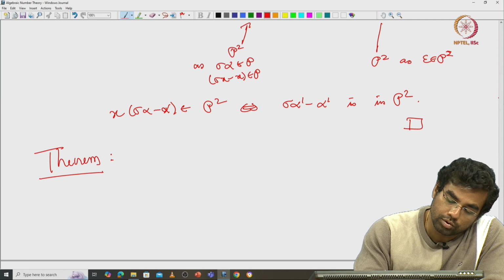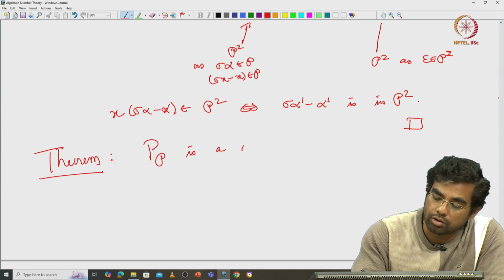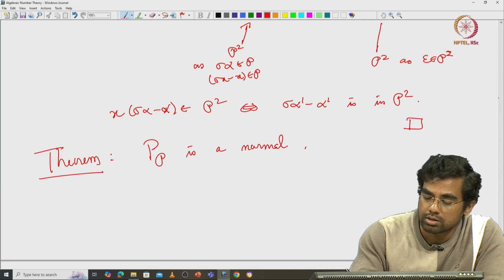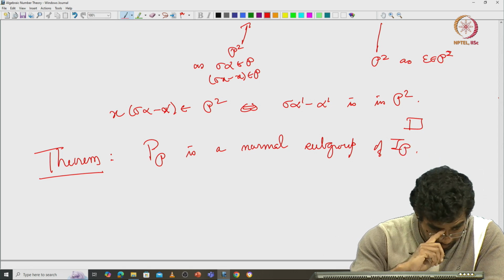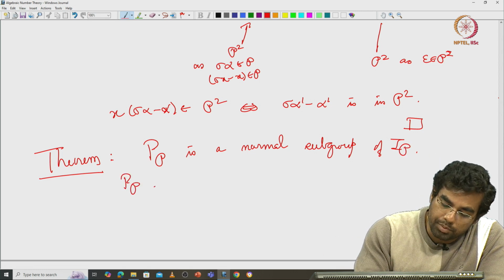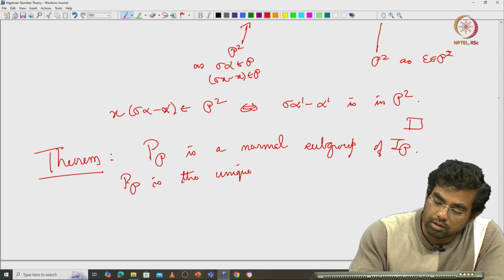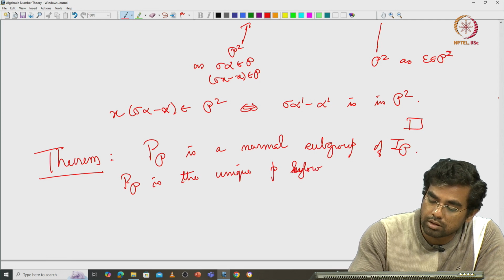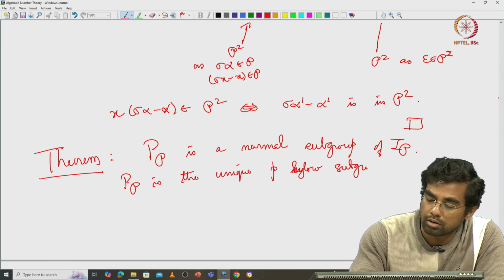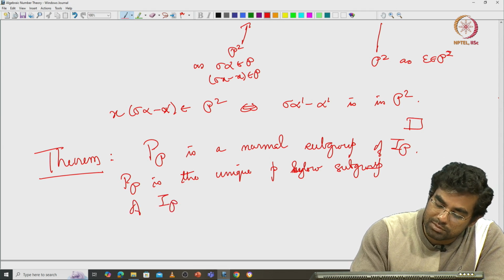The theorem says that P sub P is a normal subgroup of I sub P. P sub P is the unique p-Sylow subgroup of I sub P, and I have to tell you what this P is.